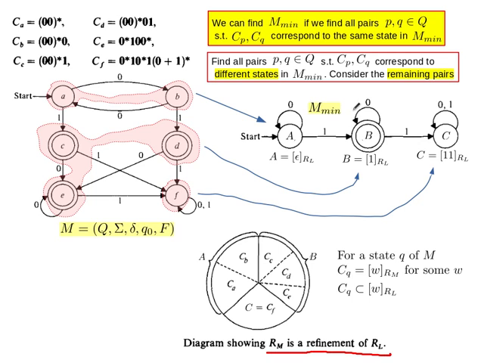Okay, so then we remove all those pairs of different states, and then the remaining pairs are like this. Okay, is that clear? So we find all pairs P, Q in the states here, such that CP and CQ correspond to different states here, and they correspond to different states here means they are not part of the same equivalence class here. Okay.